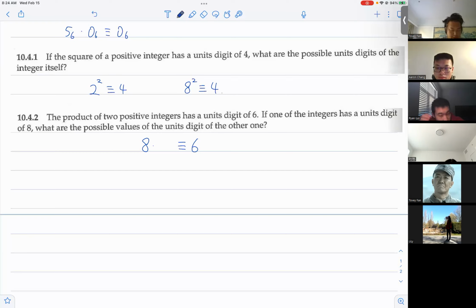And also 2, right? 8 times 2 is 16, right? Okay, so 8 times 2 is 16. That will give you a unit digit of 6, and also 7. 7 times 8 is 56. So the unit digit is also 6, right? So the answers are just 2 and 7. Okay, make sense?